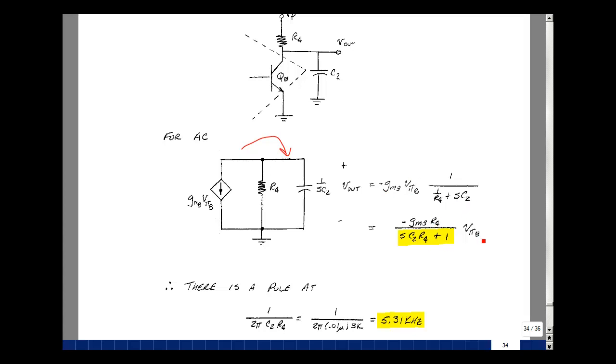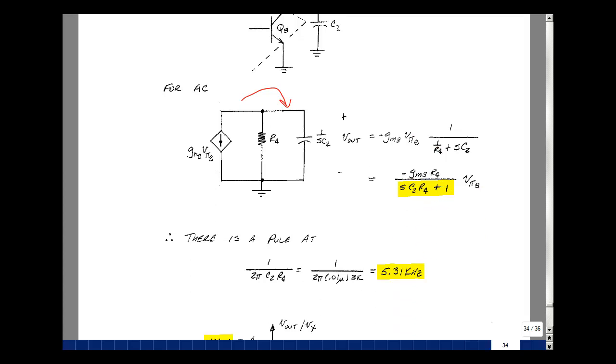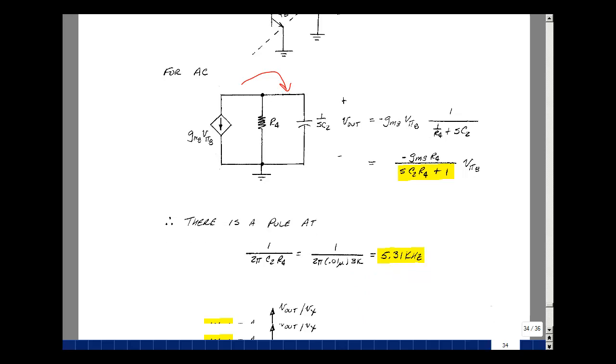And all that's times Vπ8. What's going on here? Well, this is actually our form of a pole. And there would be a pole at, if this was jω divided by ωC, where ωC would be 1 over R4C2, and then divided by 2π to get the frequency. With a 0.01 microfarad capacitor and a 3K resistor, we're looking at about 5.3 kilohertz.